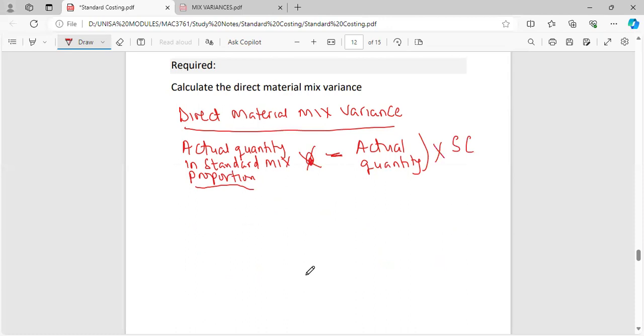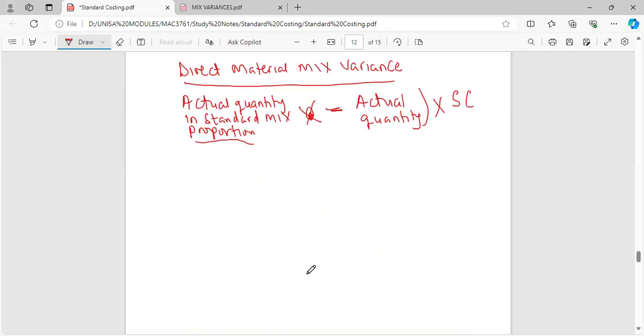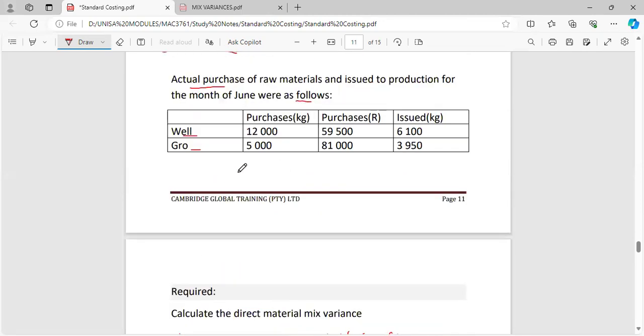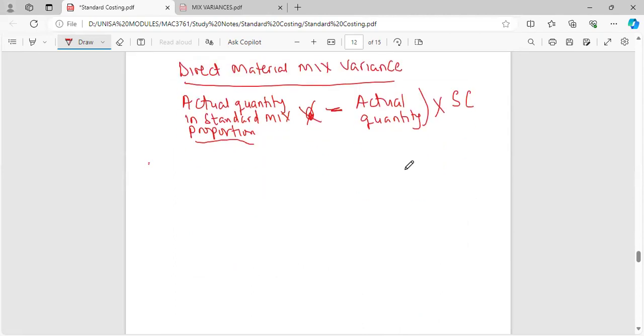When you are doing mix variances, it's mostly advisable to use a table. So how many columns do we need in this table? We're going to have 1, 2, 3, 4, 5. So we are going to need 5 columns.